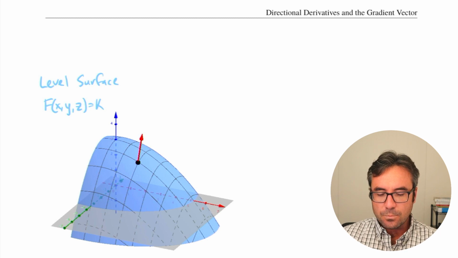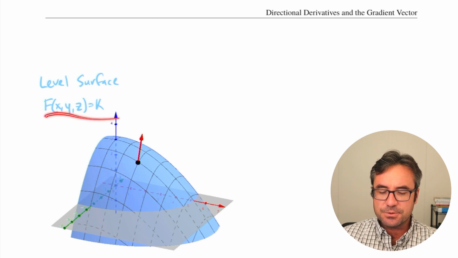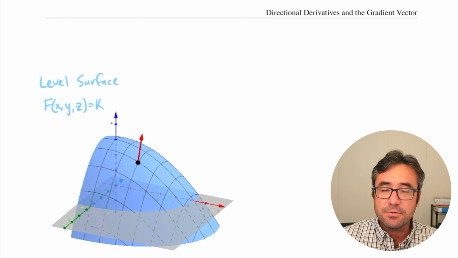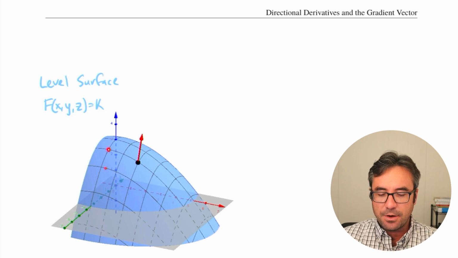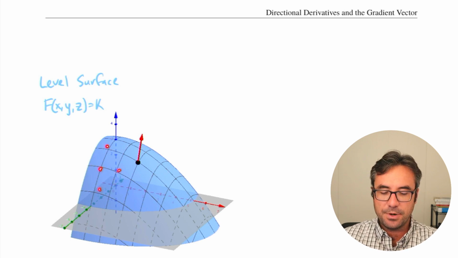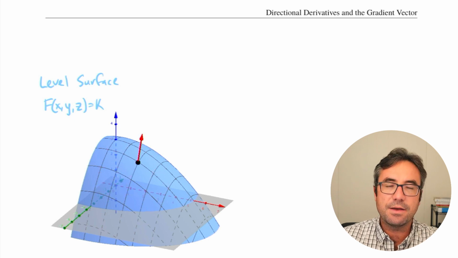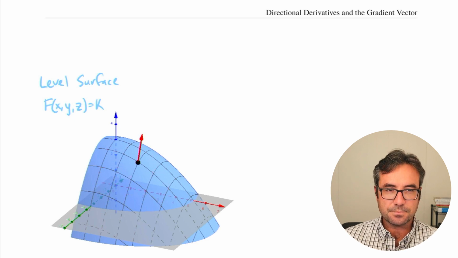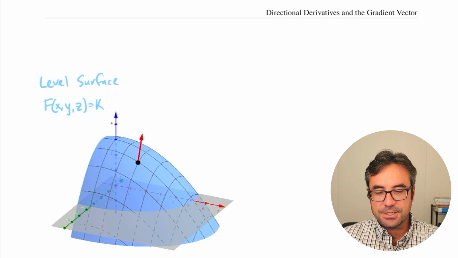So with a level surface for a 3 variable function, you want to think of all the points that sit on this surface. They all would have the same temperature. So all of the points on this surface all have the same temperature. All right, so that's our level surface.